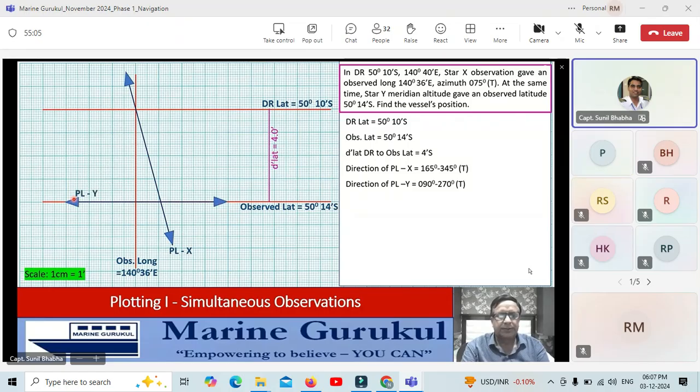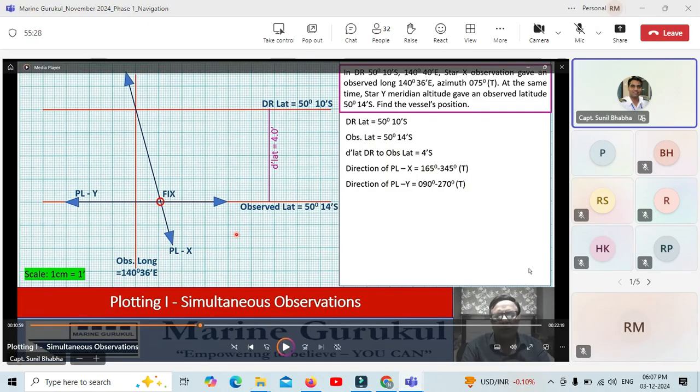So here is the PL for star Y, which you can say should have been drawn through observed lat and DR long, but since it's east-west, it doesn't matter whether DR long is marked or not. Now the two PLs being for the same time, they intersect here. So this becomes the fix of the vessel.